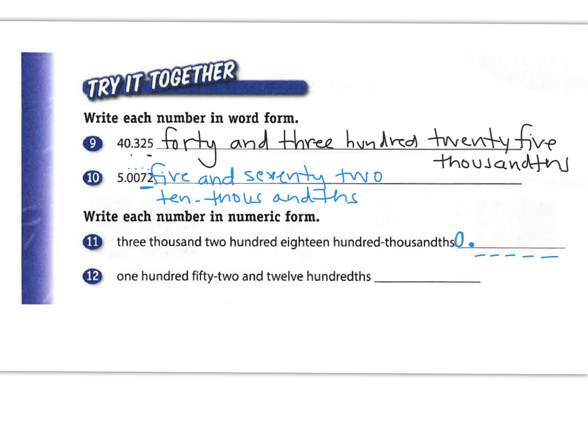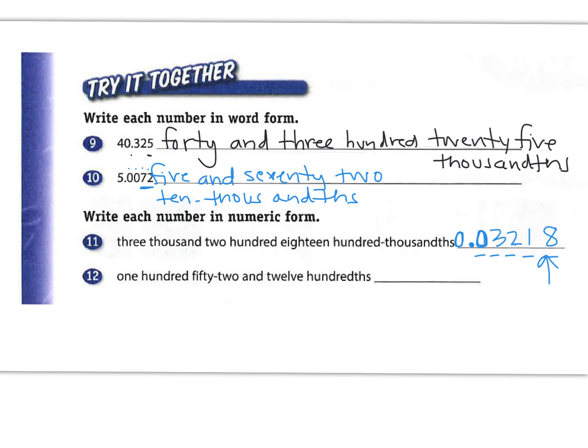So 1,800 thousandths. We would write 18 and then 3,200. So 3,200, 18 10,000ths. We got to put a 0 there, though, because we would say 3,218 10,000ths.